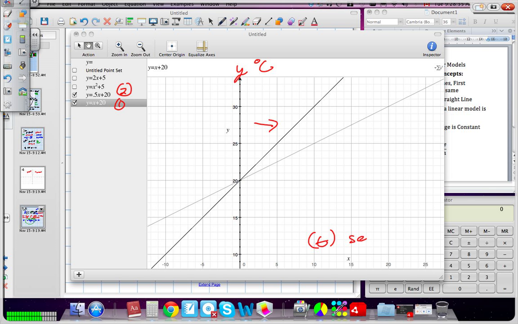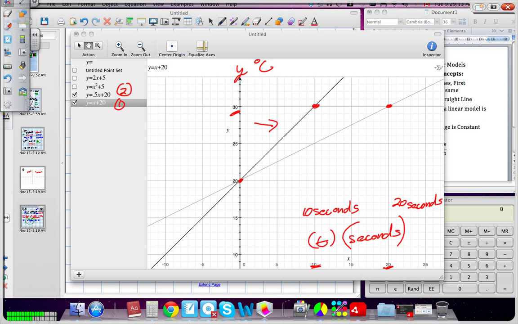So, according to this, if I wanted to get to 30 degrees Celsius, I would only need to put the coffee in the microwave for 10 seconds if I was using the 1000 watt microwave. Makes sense, 1000 watts, more heat to it. If I want to get to 30 degrees Celsius with the other microwave, I'd have to put it in for twice as long. I'd have to use 20 seconds. So the rate of change is not as steep in our second equation.